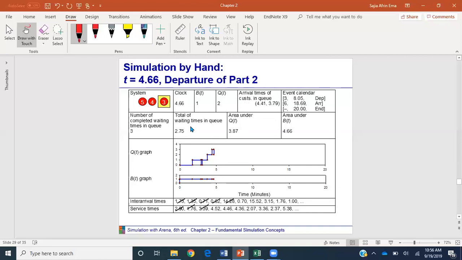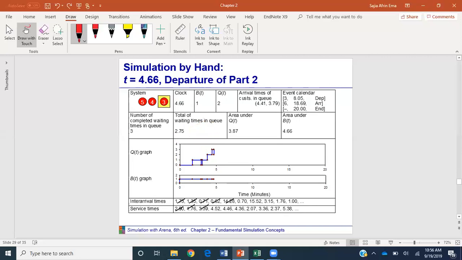So if you add these two numbers, you'll get 2.75 minutes.